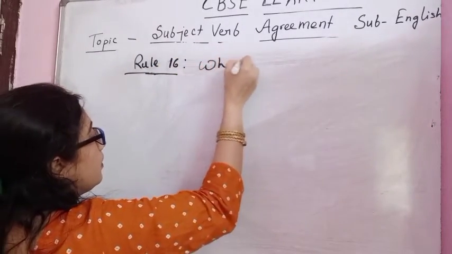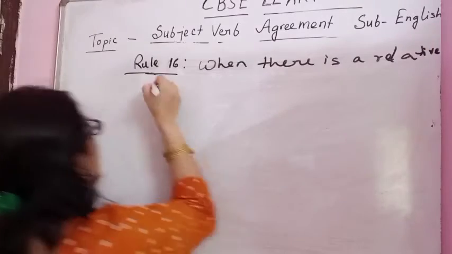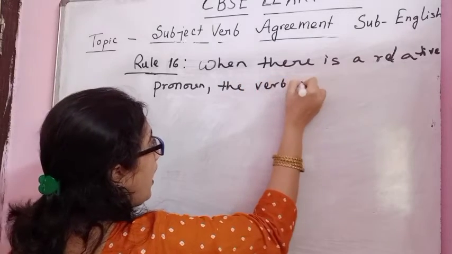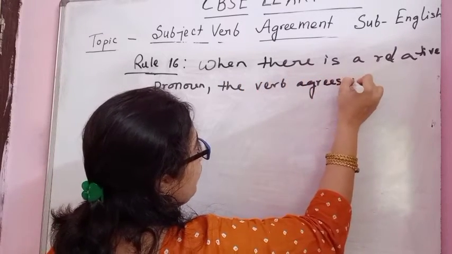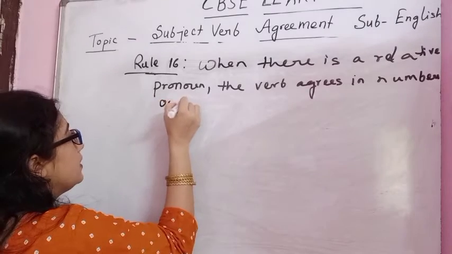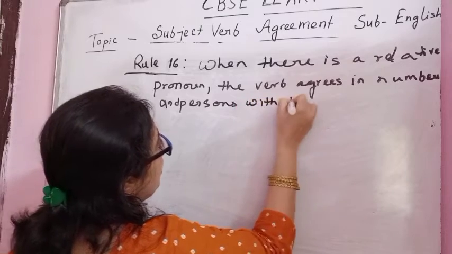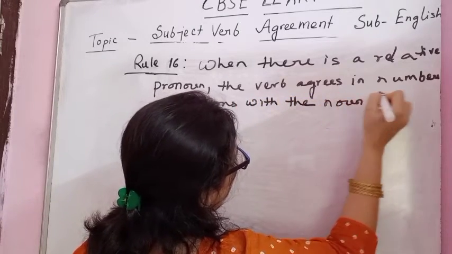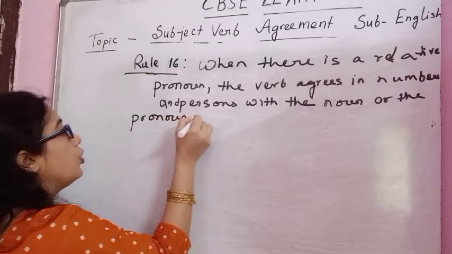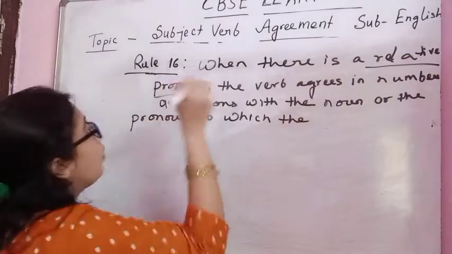When there is a relative pronoun, the verb agrees in number or person with the noun or the pronoun to which the relative pronoun refers.